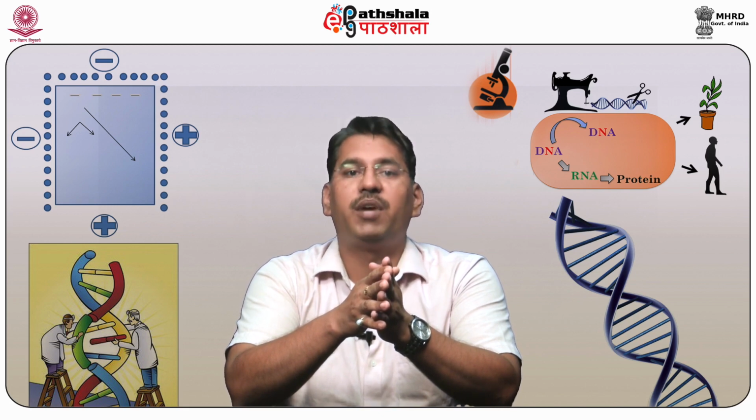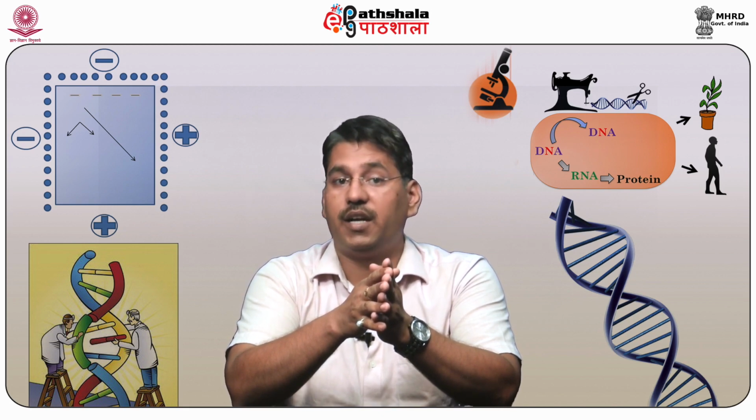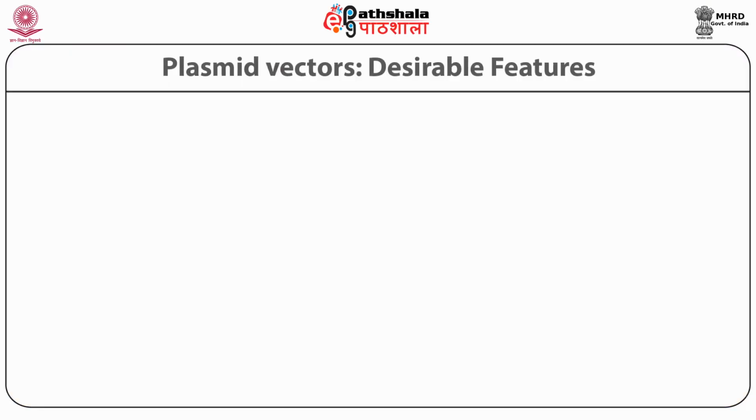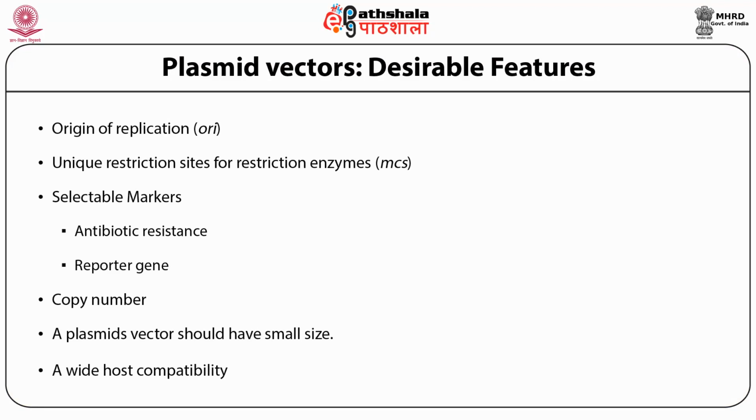Selection of a vector depends upon various criteria decided by the experimental goal. A good cloning vector should have the following characteristics. It should be autonomously replicating. It means that it should have a region or origin of replication.